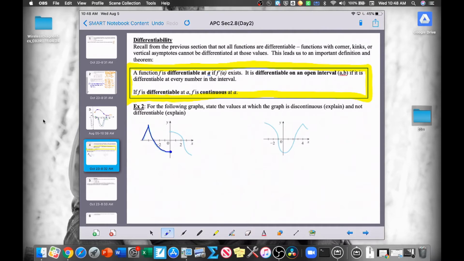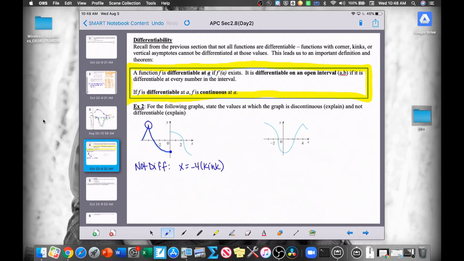However, even though it's continuous all along there, we have a location here where the graph is not differentiable. We cannot calculate a derivative at a sharp kink or corner. So we would say that it is not differentiable at the location x equals -4. And this is because we have a kink.